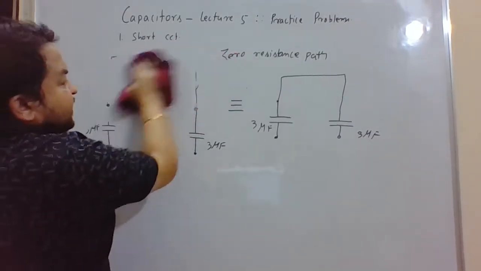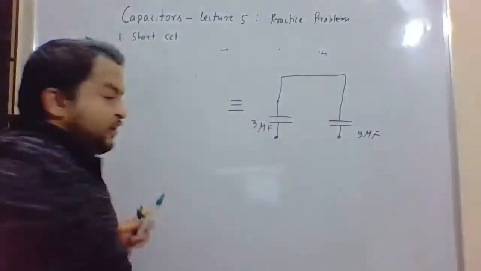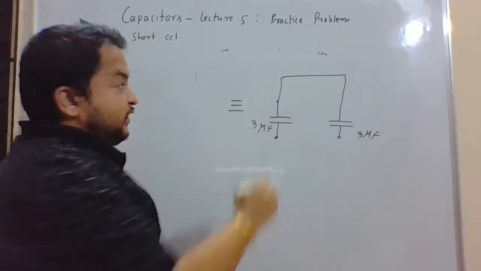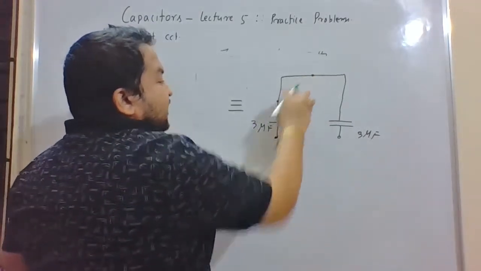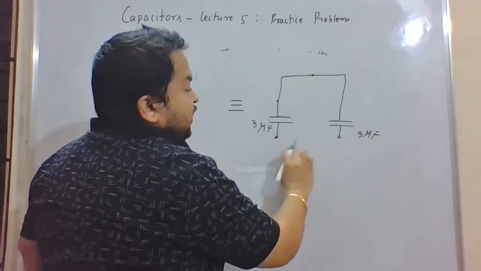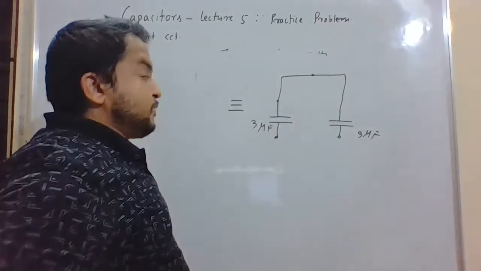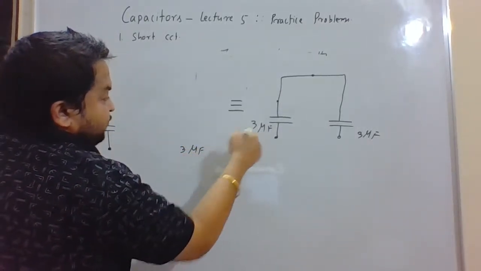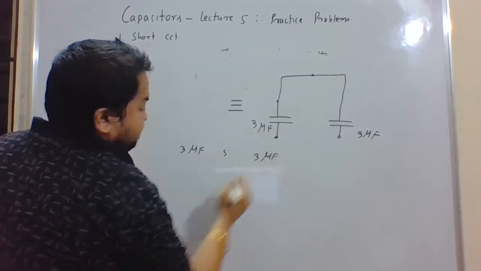Now this is very simple. We can apply the lover's couple rule here: this is the junction point, and at that junction point there are two and only two capacitors. There is no third, disturbing element. So obviously that means this first 3 microfarad capacitor is in series with the other 3 microfarad capacitor.